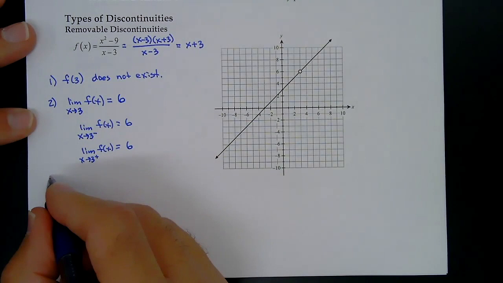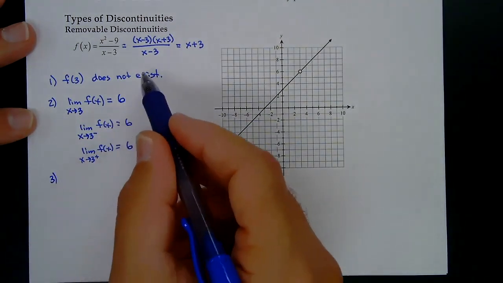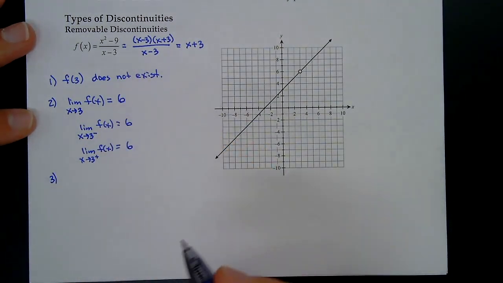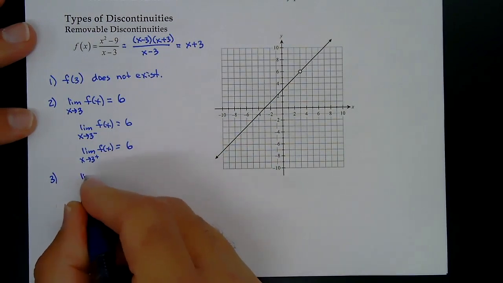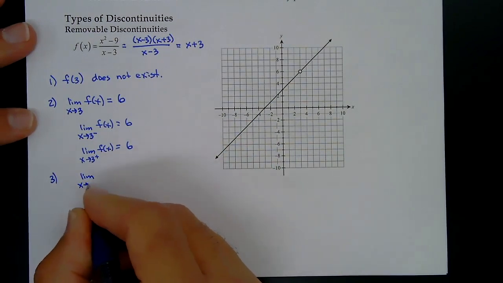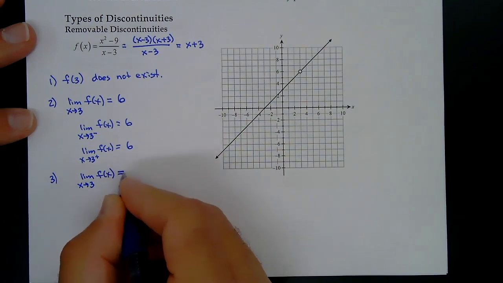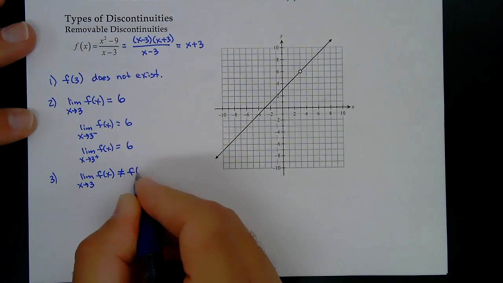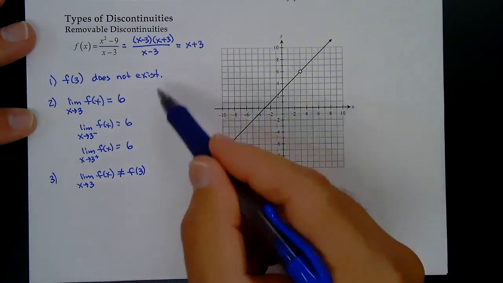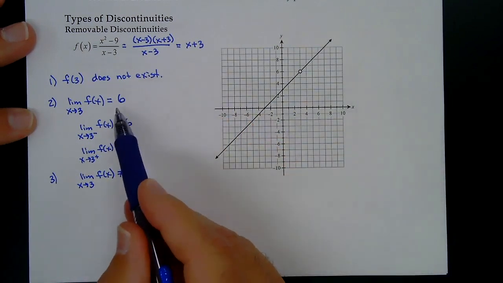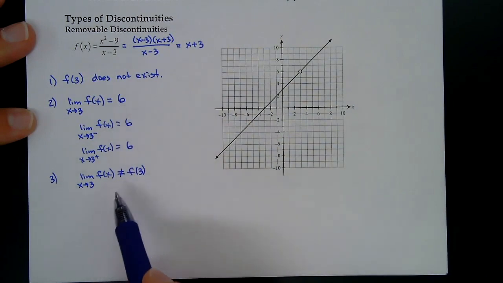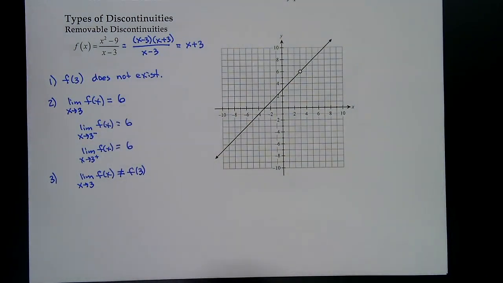All right, so the third thing is, are these two the same? Is the limit and the function value the same? And so we would write the limit as x approaches 3 of f of x does not equal f of 3. So all of these have to hold: the limit has to exist, and these two things have to equal, and that's not the case, right?